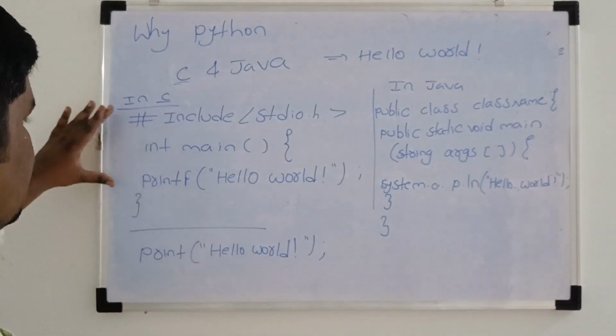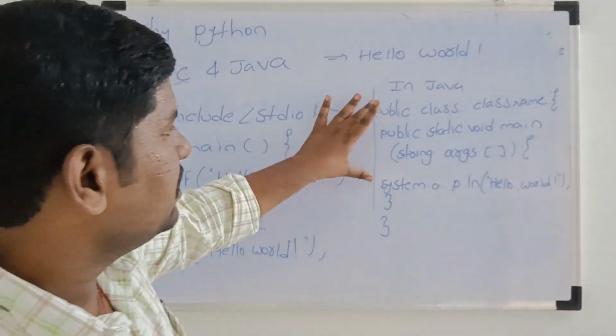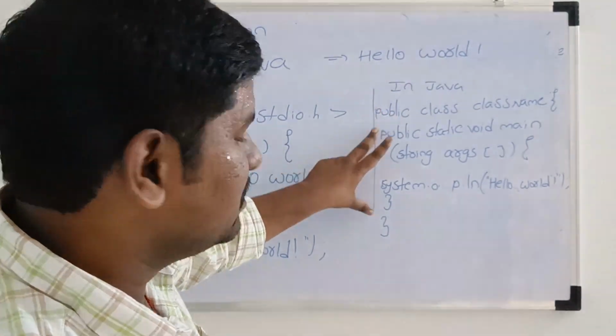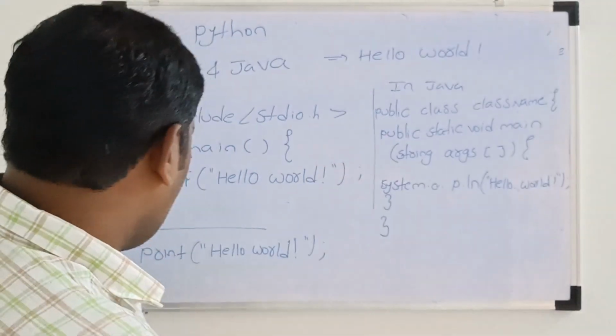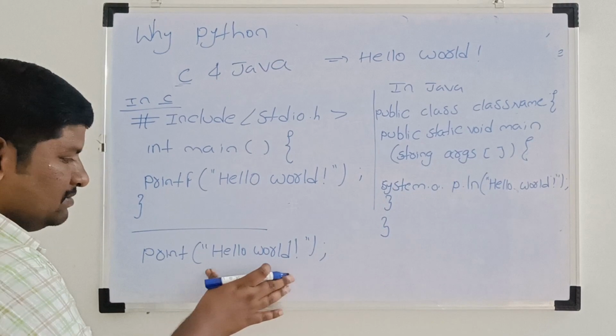So in C it takes this many lines of code, and in Java this many lines of code, and in Python you can simply write like this.